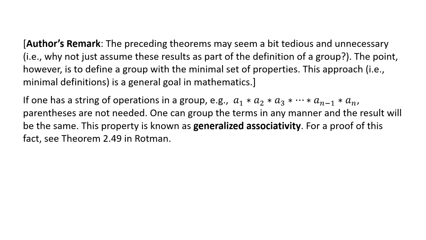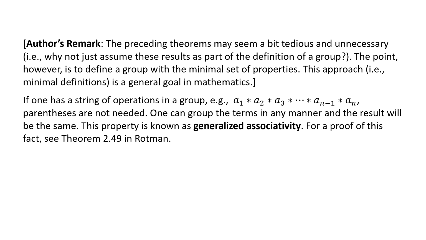So that was the reason for not making these results in the past few slides part of the definition of a group. It's a general goal in mathematics. You may have seen that in geometry, where the idea is to have a very minimum number of axioms to then prove your theorems from those. And you may get stuck at some point where you just can't prove another result, and you may need another axiom, in which case that's a valid thing to do.